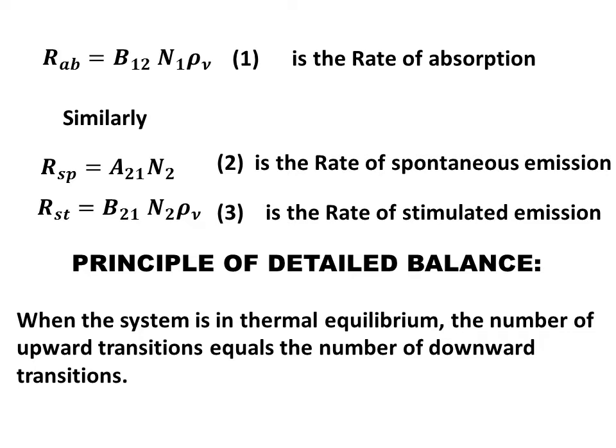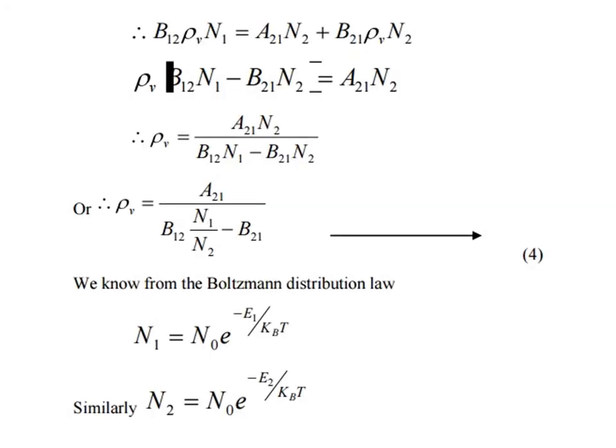So when we consider the principle of detailed balance, we can write down the equation like this: the total number of upward transitions equals the total number of downward transitions. That means the total number of absorptions is equal to the sum of spontaneous emission and stimulated emission.